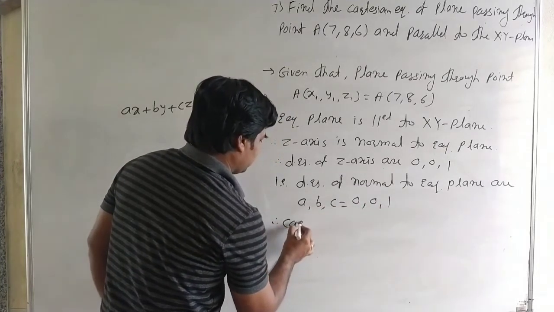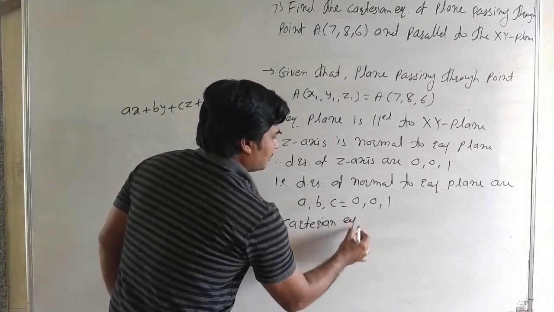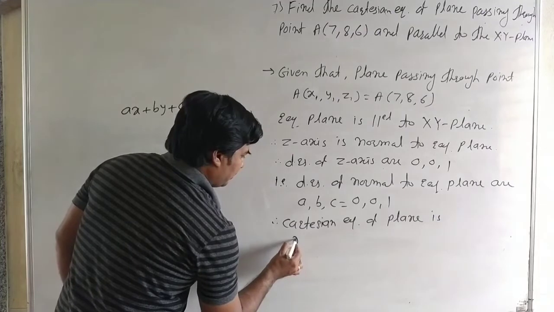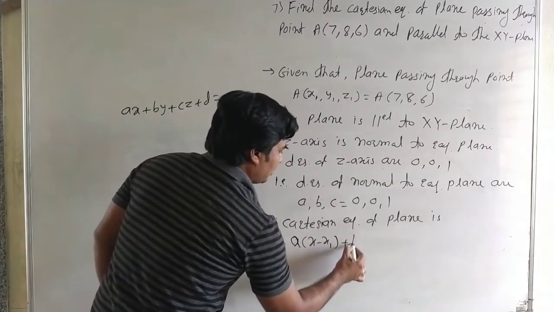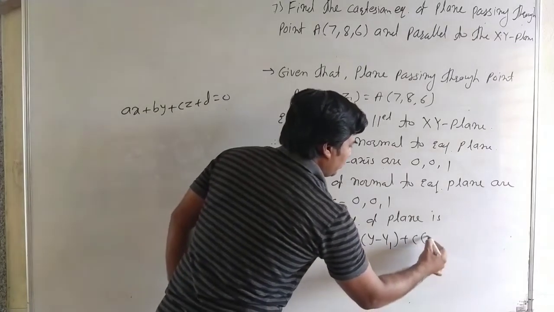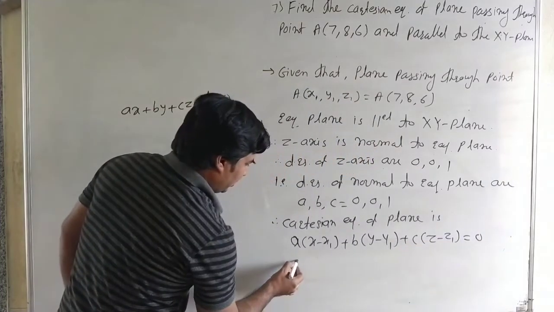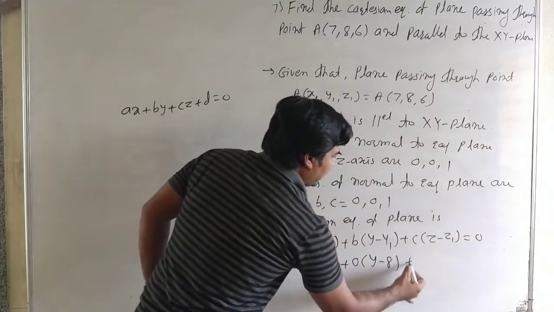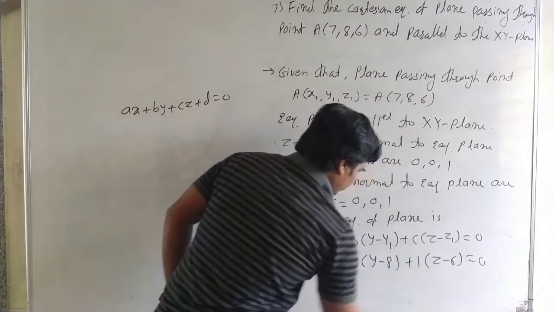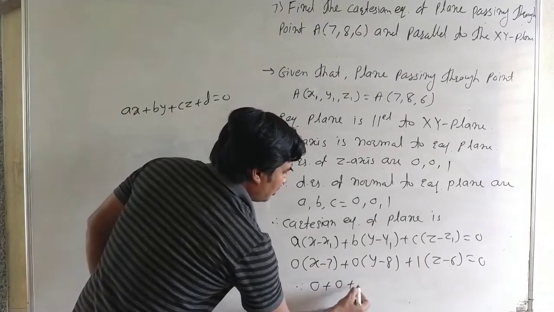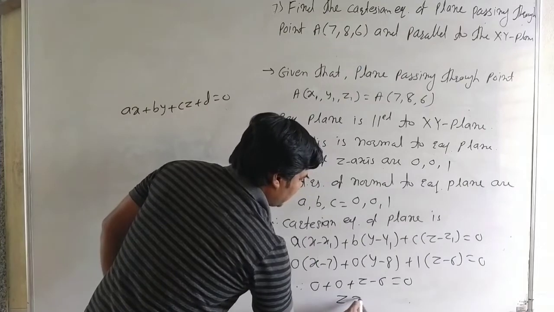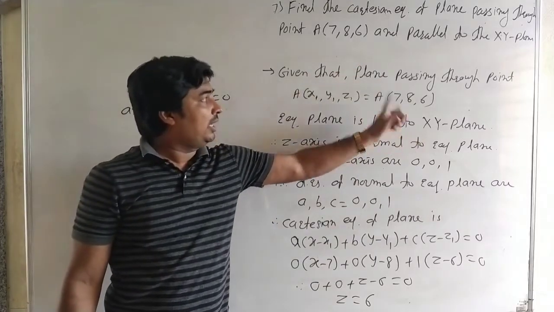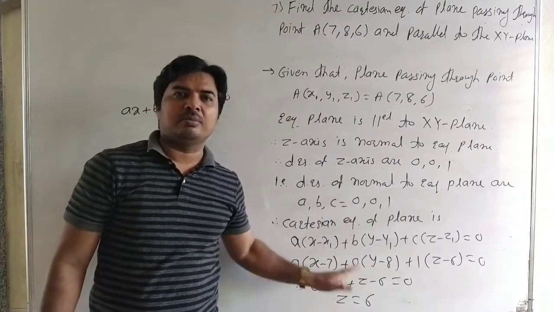Therefore, the Cartesian equation of the plane is A(x minus x1) plus B(y minus y1) plus C(z minus z1) equals 0. So 0 into (x minus 7) plus 0 into (y minus 8) plus 1 into (z minus 6) equals 0. Therefore z minus 6 equals 0, or z equals 6. This is the equation of the required plane, parallel to the xy plane and passing through the given point.